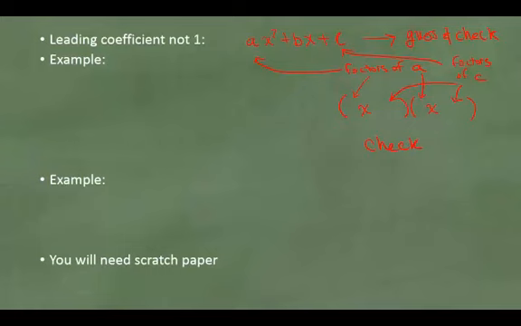Let's try an example. So let's try something like 2x squared minus 3x minus 2. Then we're going to write our factored form and guess what the answer could be. So what are the factors of 2? The factors of 2 are 1 and 2. So that's what's going to go in here. Either 1x or 2x, and here either 1x or 2x.